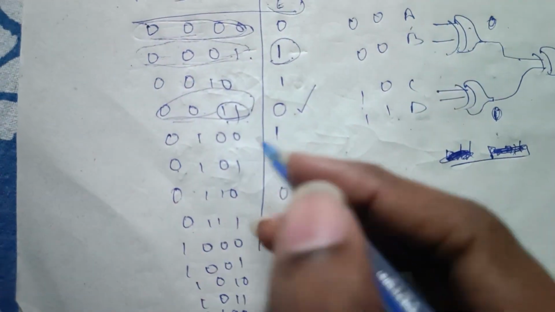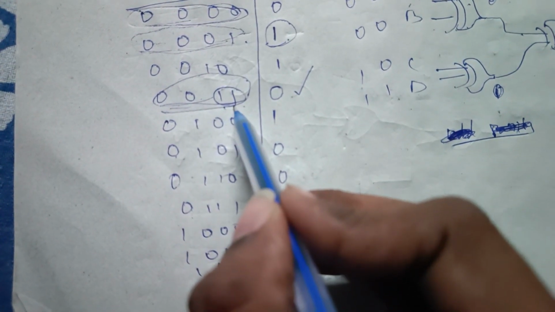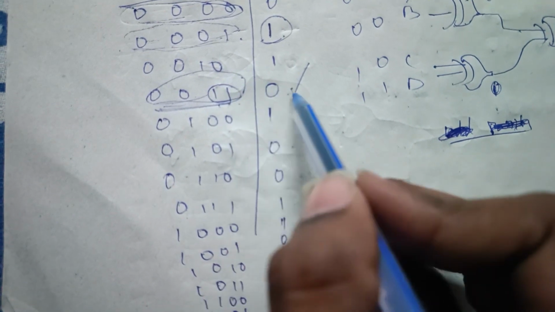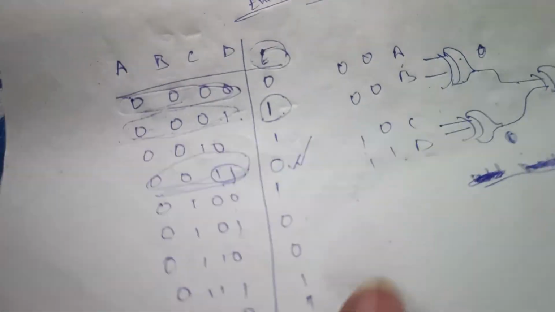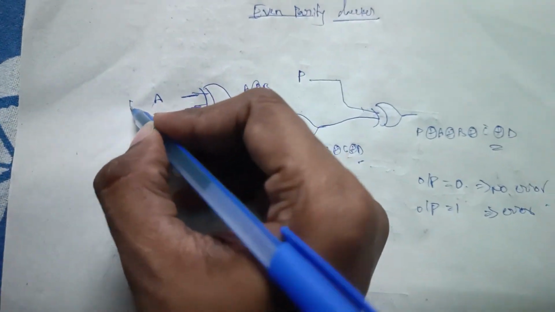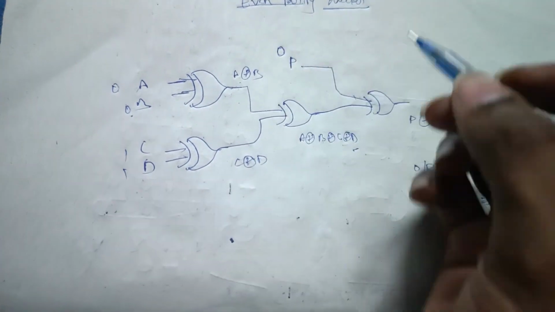Now let us verify. Suppose we take the example 0011. The parity we should get is 0. So let's verify whether it is correct or not. I am taking the inputs as 0011, and the parity as 0.